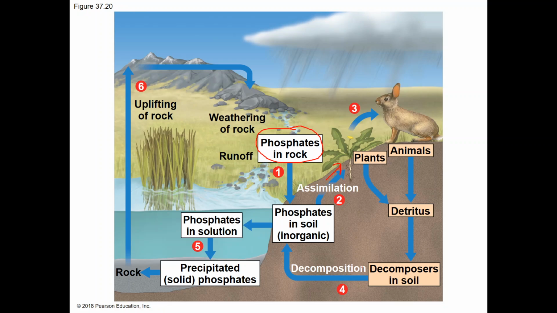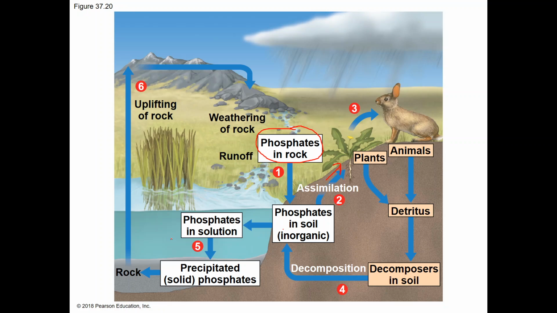Some of that phosphate becomes available in the soil here. Some of the phosphate can be washed out of soils into the neighboring aquatic environments. And it may settle down and become new rocks over time. That settled out phosphate is no longer available to living organisms.